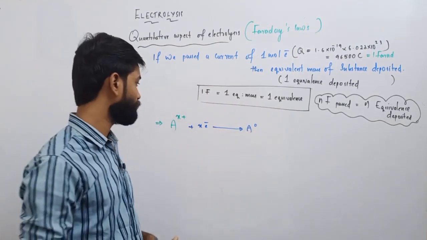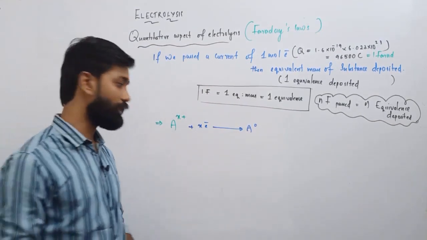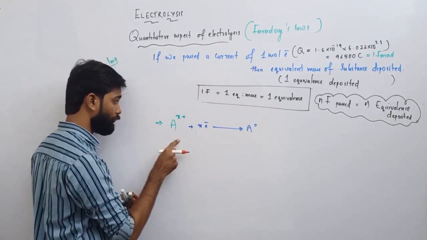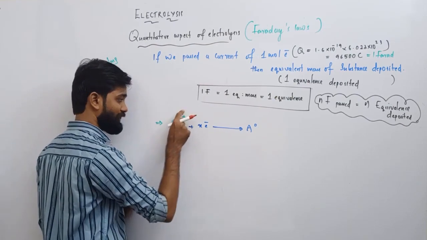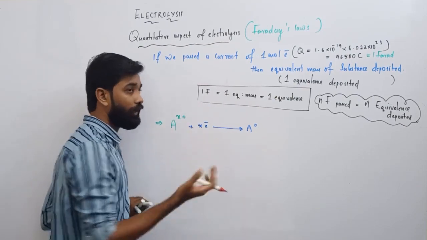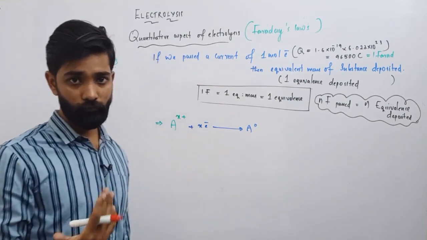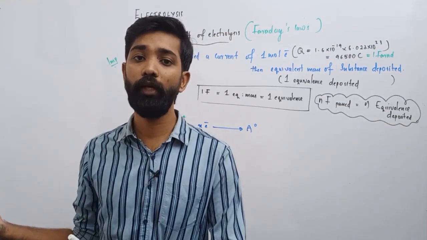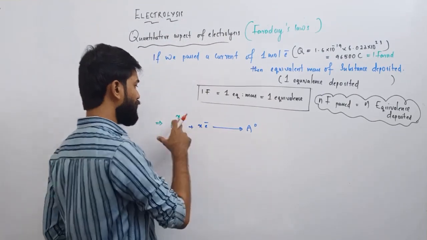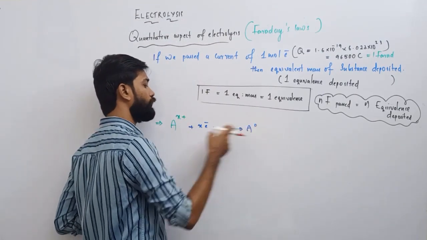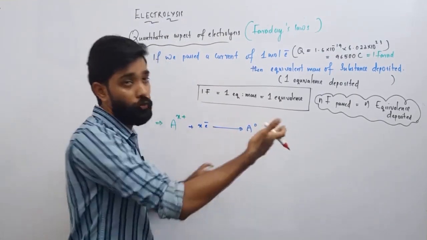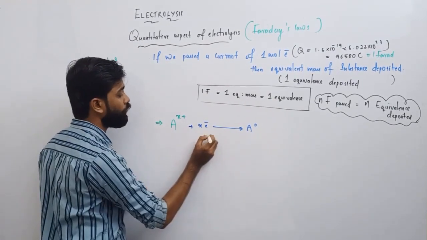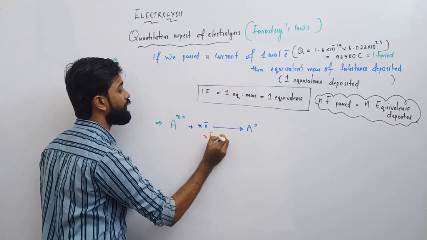If it is A3 plus, then for 0, how many electrons should it gain? 3 electrons. If it is X plus, then in order to have 0 charge, it should gain X electrons, right?